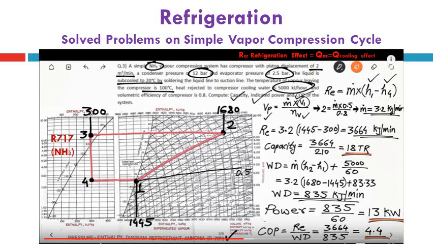water cooling in the condenser, which reduces the condenser pressure to 12 bar rather than other cycles that will be presented later on or solved in different kinds of problems with higher pressure starting from 18 or 20 or 24 bar. So the effect of using cooling water is highlighted here.